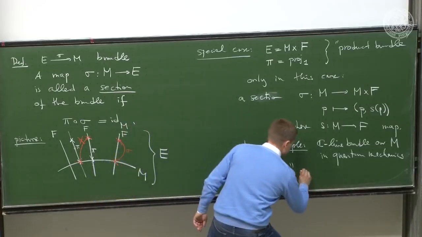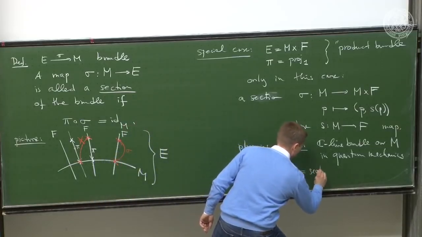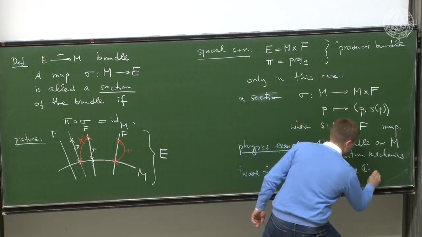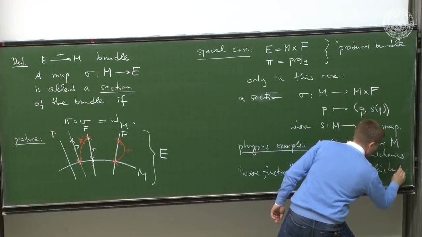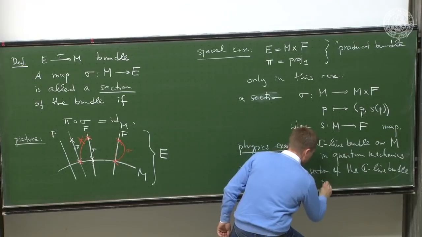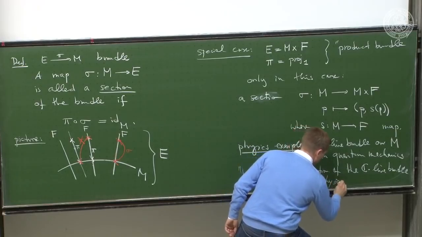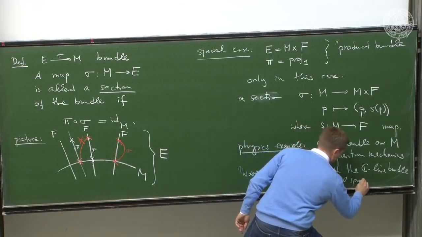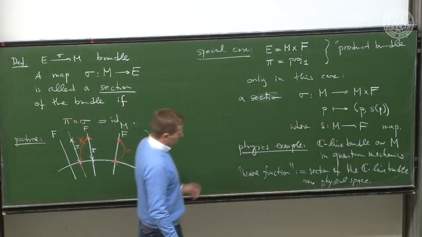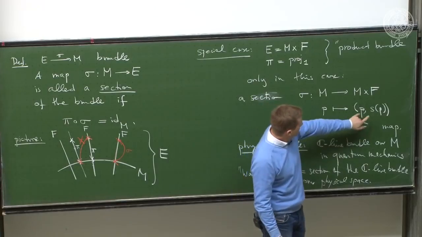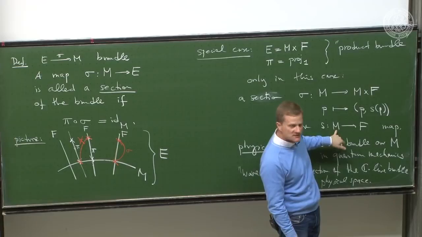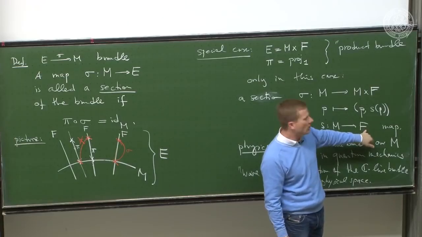A wave function is actually a section of the C line bundle over physical space, for instance R3. And one always pretends the wave function is a function that goes from the physical space into the complex numbers.